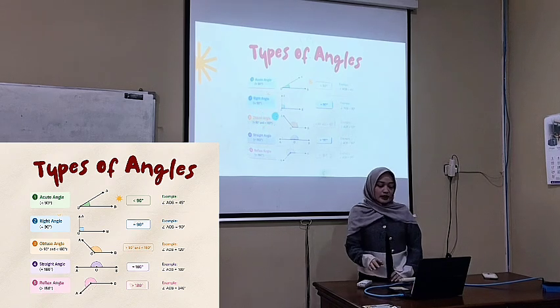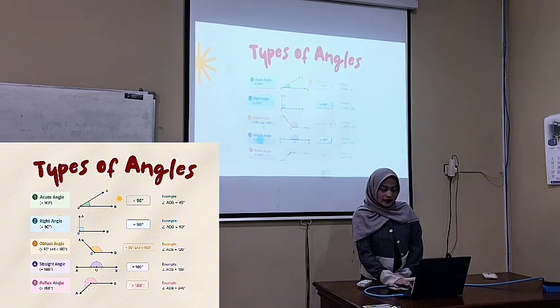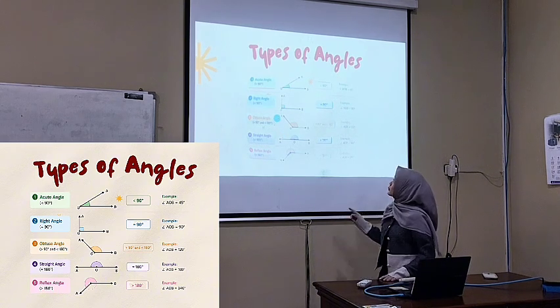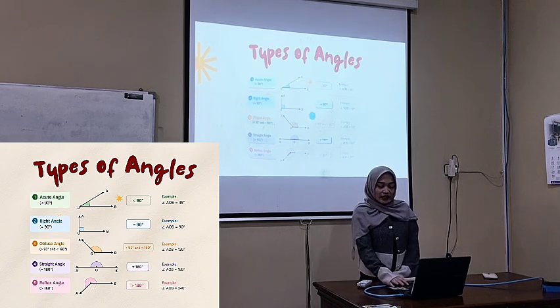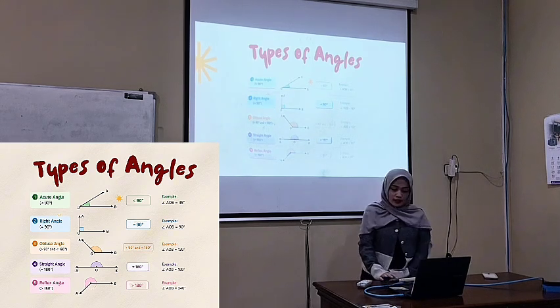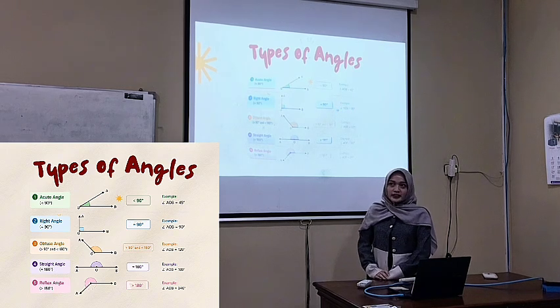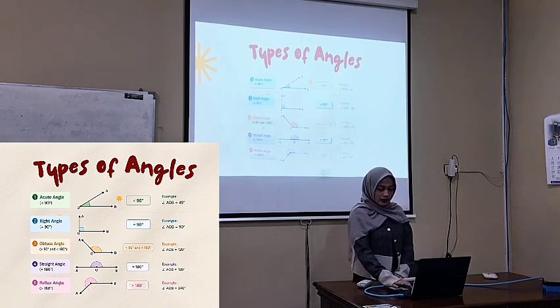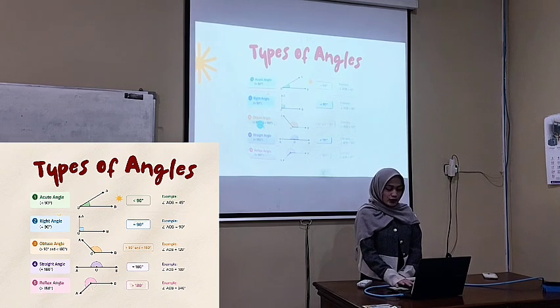A right angle measures exactly 90 degrees and usually forms an L shape. As shown in the picture, angle AOB measures 90 degrees. Next, we have an obtuse angle.